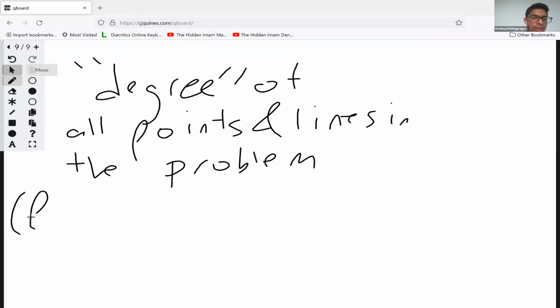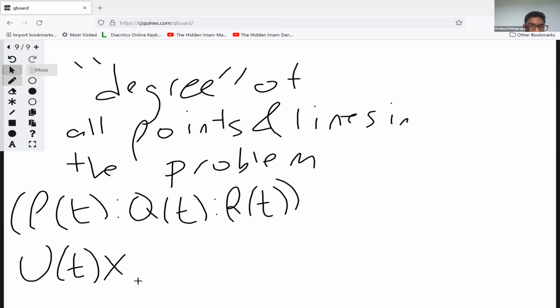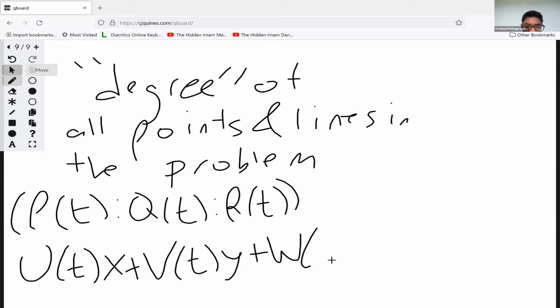So the degree of a point is the maximum degree of p, q, or r, and the degree of a line is the maximum degree of u, v, or w.